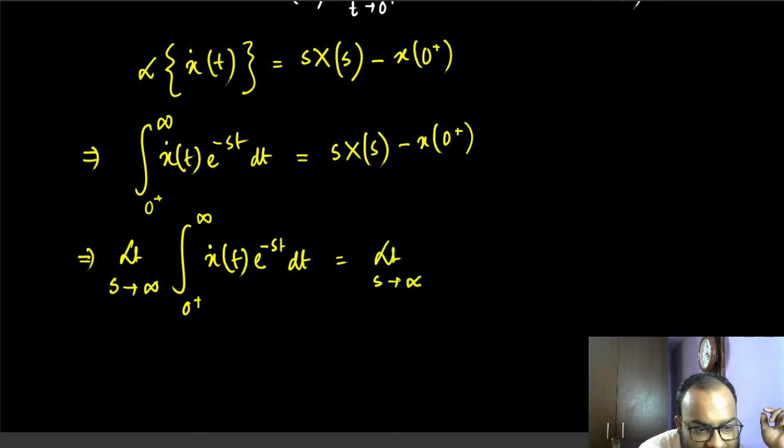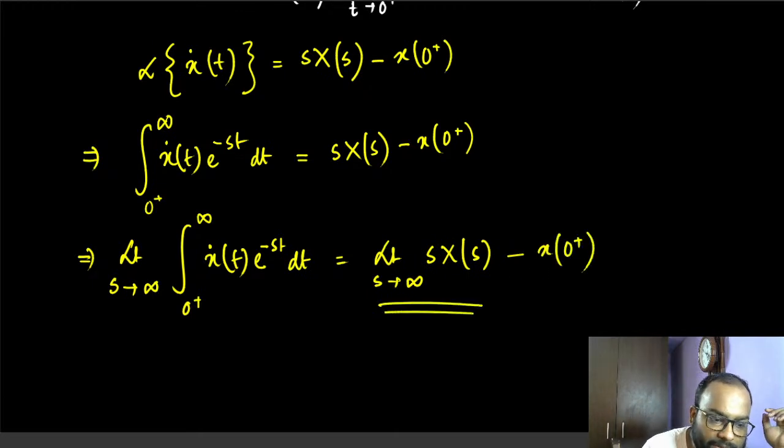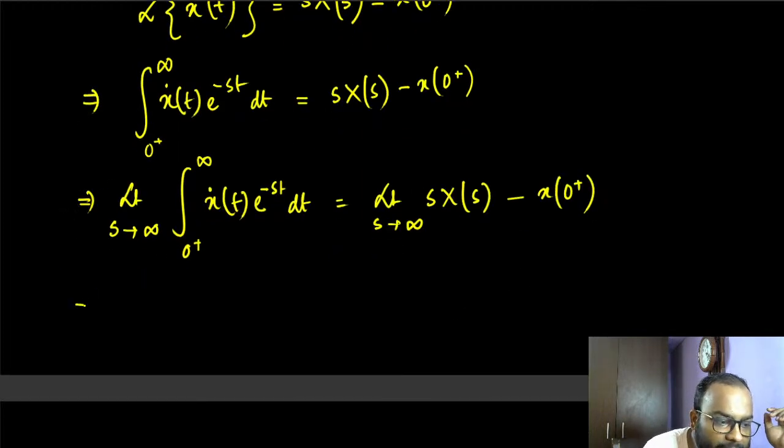And as you might have guessed, since this is a constant, a fixed value, the limit actually does not affect this term at all. So this is going to be sX(s) minus x(0), devoid of any limiting quantity. Now here of course, as before, this limit on s is not going to affect this term, because this term is completely devoid of s.